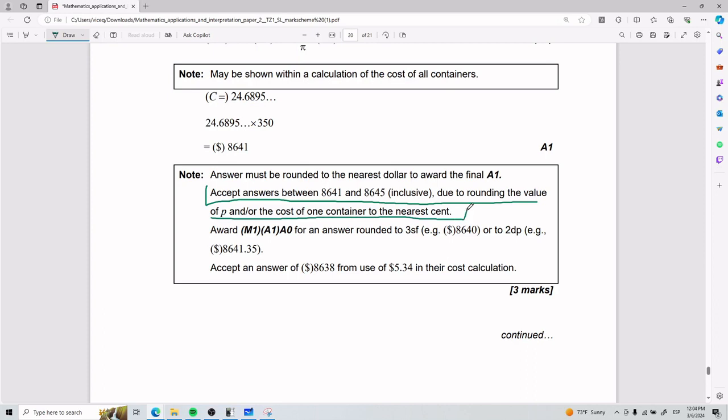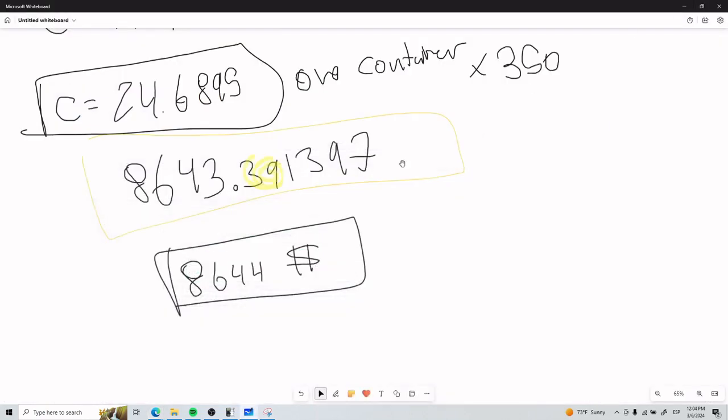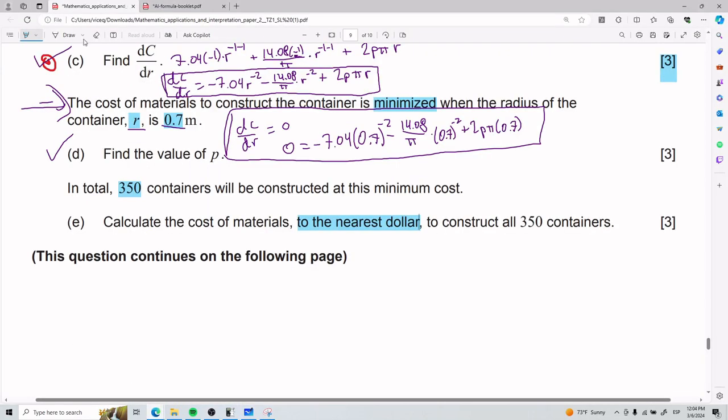See? So keep that in mind. It considers these small decimal changes, but because of context, round it up. Okay? Those 39 cents matter, and you're answering to the nearest dollar, so you've got to put it $1 up. See? All right, that is for part E.